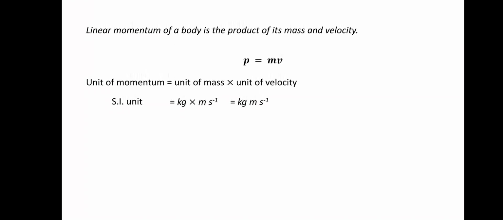That will be the SI unit of momentum. And similarly, in the CGS system, the unit of mass is grams and the unit of velocity is centimeters per second. Therefore, the unit of momentum will be gram centimeter per second.